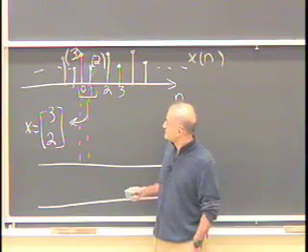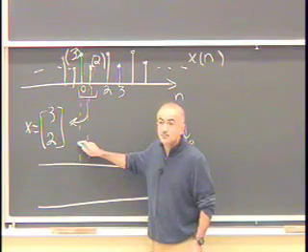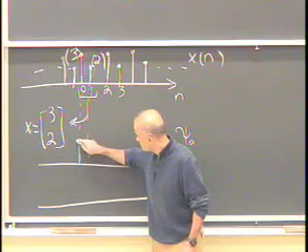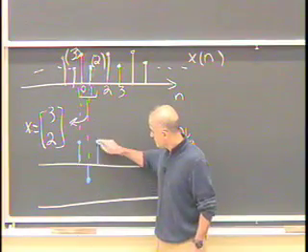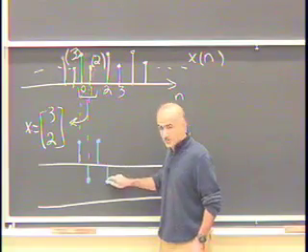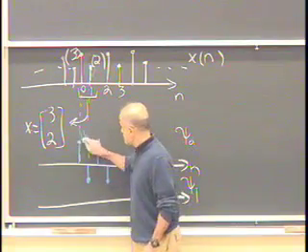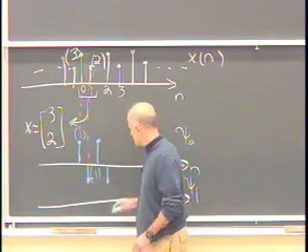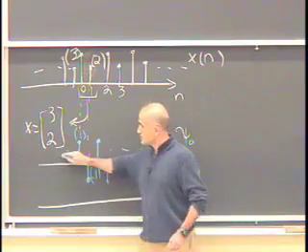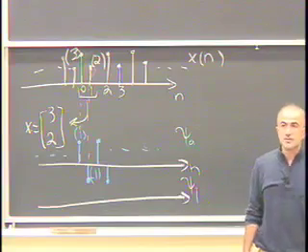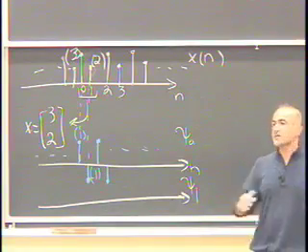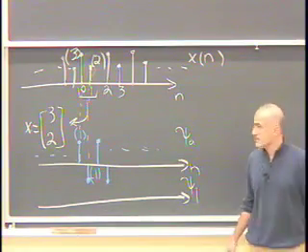That's your turn now. 1, minus 1. So this is 1 minus 1, and it's periodic with period 2. I'm living in a universe of periodic signals with period 2. When I add two such signals together, I get yet another signal in that space, in that universe.